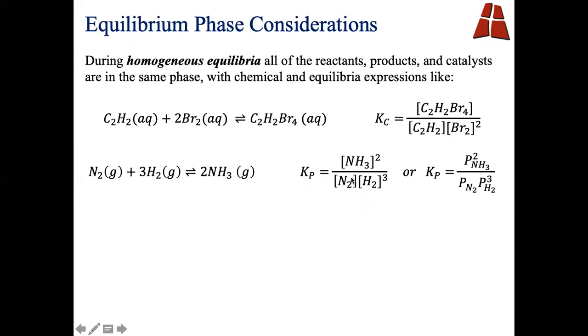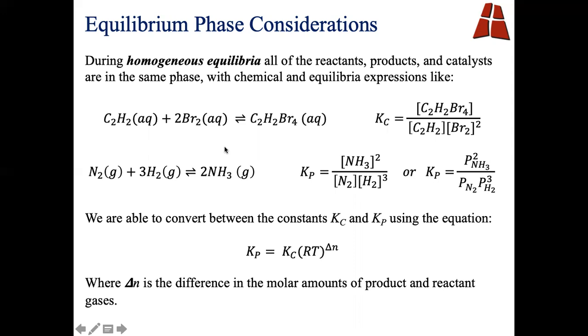So that is a small typo on my part, but that is how we would represent our chemical equilibrium going from the chemical equation to our K expressions for these two reactions. Okay, and we can actually interconvert between Kp and Kc using this equation shown here. The key thing is the change in the number of moles of the reactant and product gases. And so we're looking to identify the amount of gases that are involved to convert between Kp and Kc.